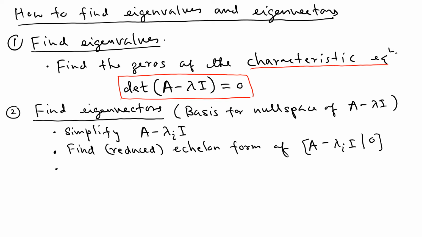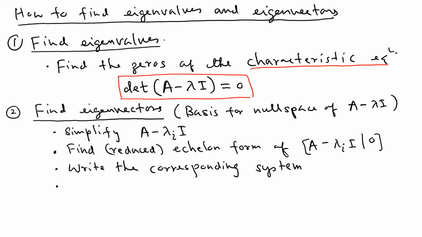Step number 3. There are 6 steps. After we do that, we write the corresponding system.